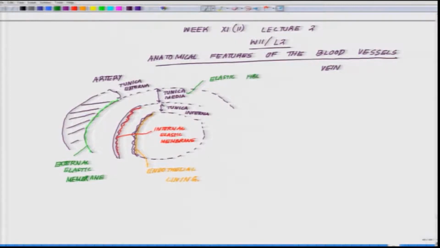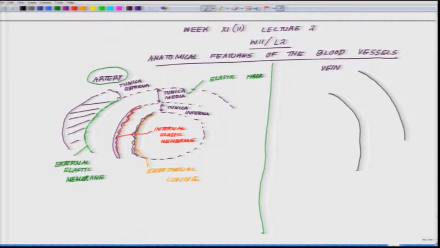So this is the basic architecture of a characteristic artery. But now if you look at the veins, the structure is not as thick as the artery structure.